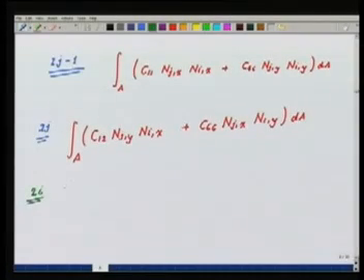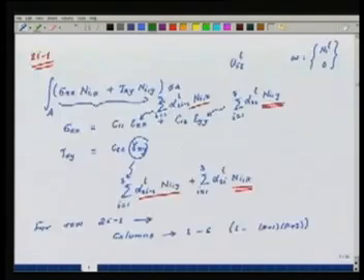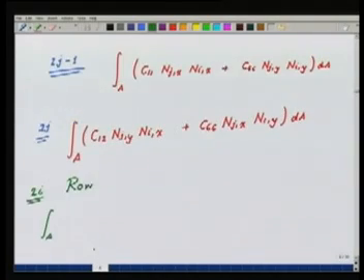Similarly, for the row 2i, if you take the row 2i for the element, this will correspond to integral over the area, okay, sigma xx part will be 0, sigma yy, okay, ni,y plus tau xy ni,x dA.